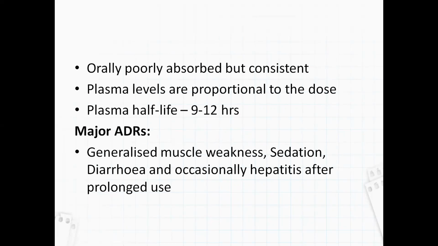So due to this continuous opposition between both, it might cause the generalized muscle weakness, and then sedation can also happen, diarrhea, and occasionally hepatitis after prolonged use of the drug.